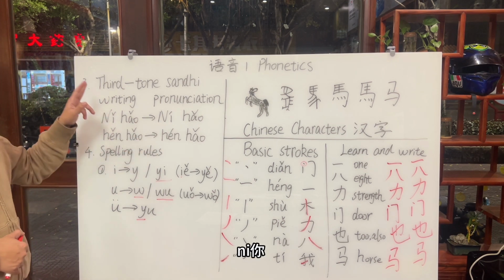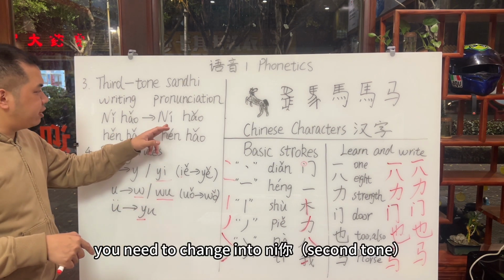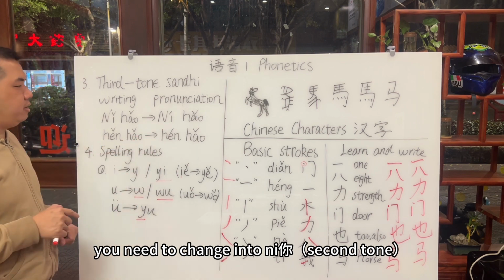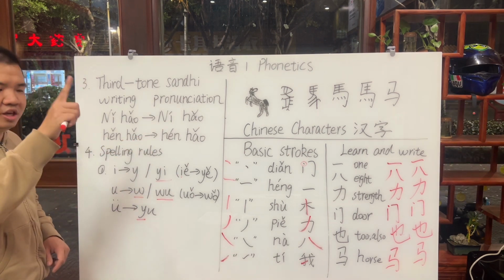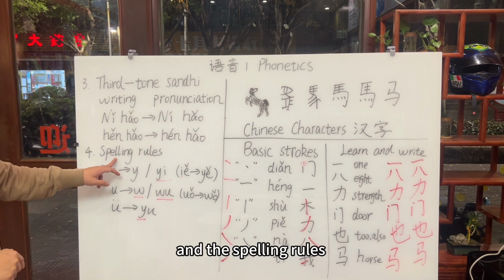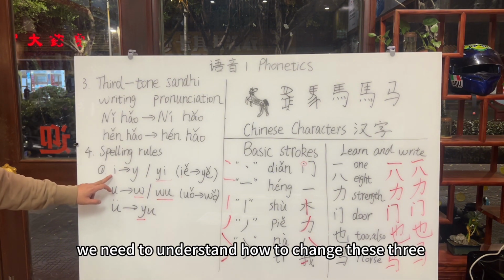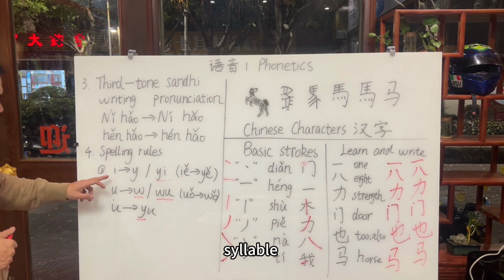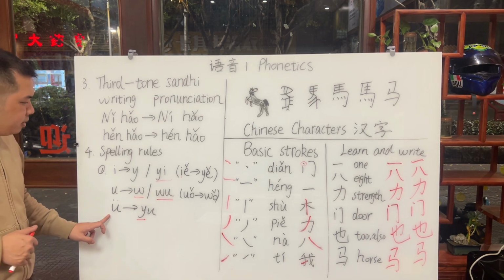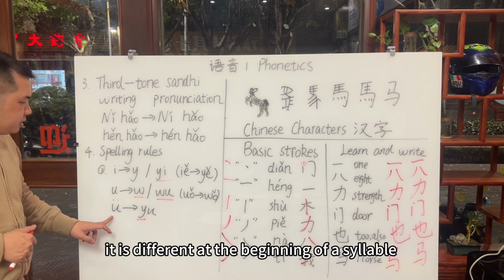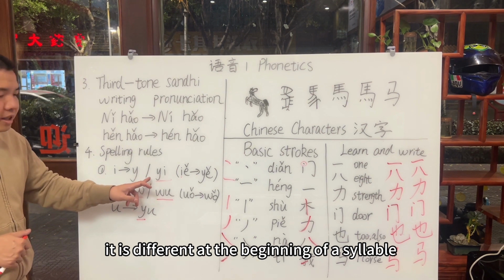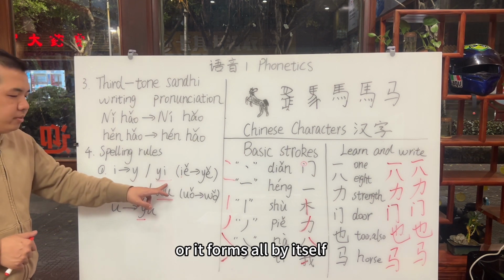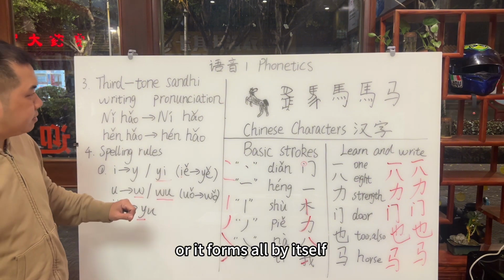Like this, 你, 你好. And the spelling rules, we need to understand how to change these 3 syllables. 一, 乌, 鱼. It is different at the beginning of a syllable, or when it forms a syllable all by itself.